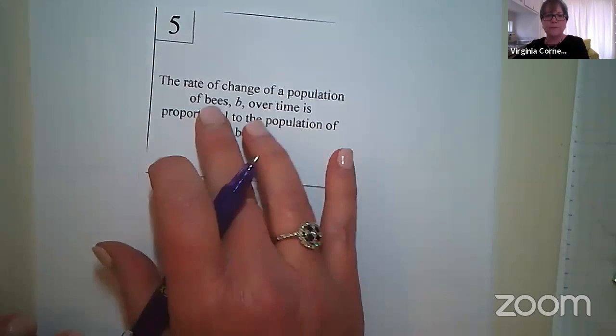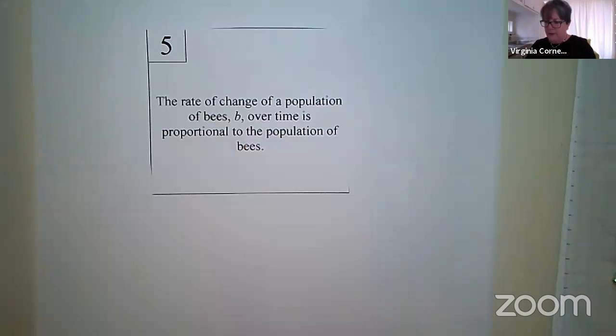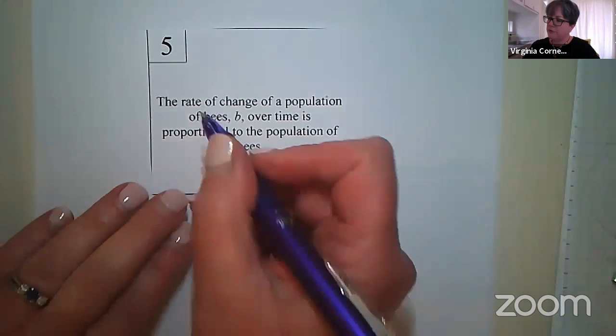All right. Here's our number 5. It says the rate of change of a population of bees, lowercase b, over time is proportional to the population of bees.